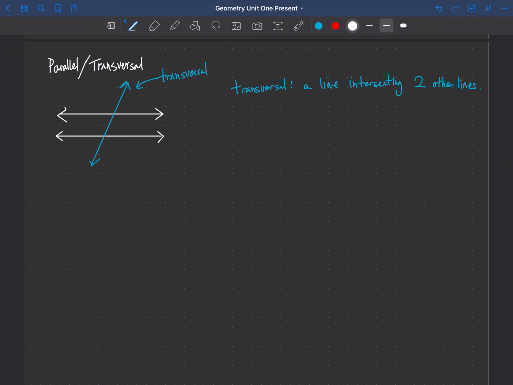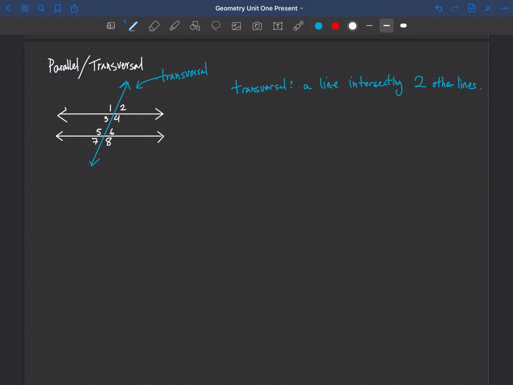So we talked about having 8 angles. I'm going to label each of the angles by a number so it's easier for us to identify. So angle 1, 2, 3, 4, 5, 6, 7, 8.